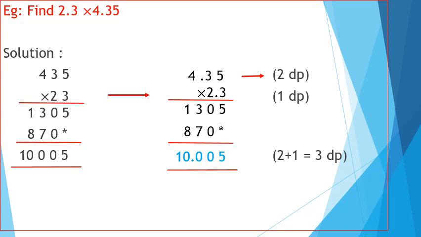On the right side we add 2 plus 1, and get 3 decimal places. So from the rightmost place, take 3 digits and put the decimal point. You have to write only the right part of the multiplication in the classwork.